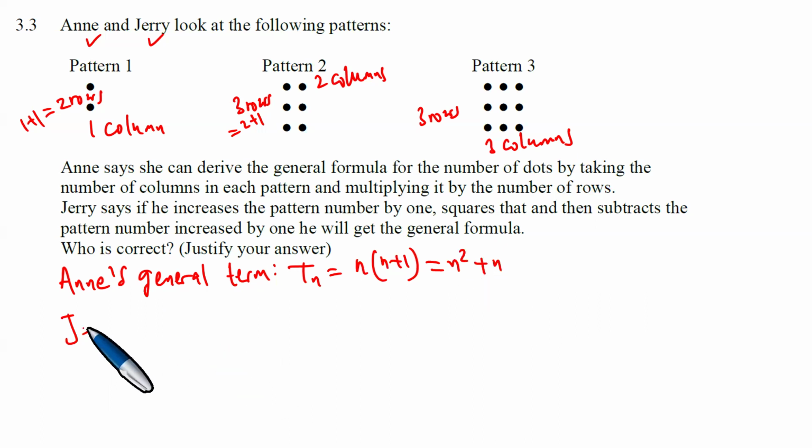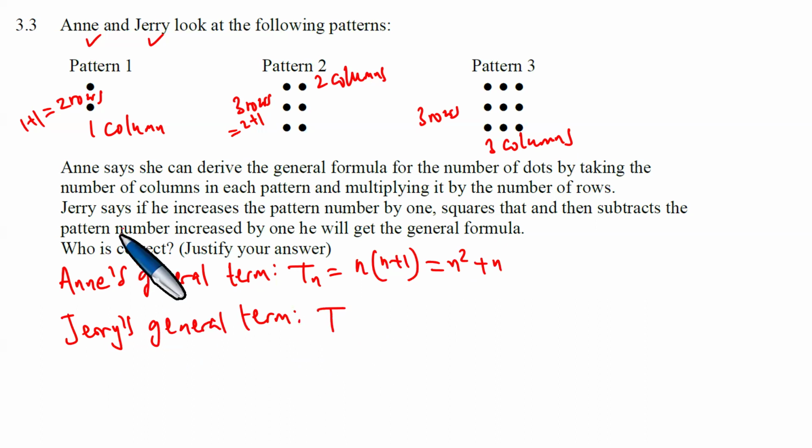Jerry's general formula. Jerry's general term. With Jerry's general term, Jerry says that if he increases the pattern number by 1, squares that, and then subtracts the pattern number increased by 1, you'll get the general formula.